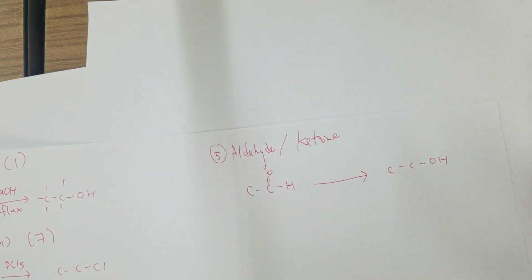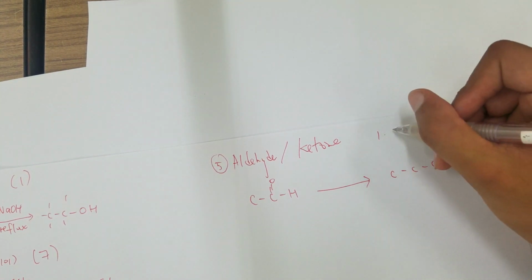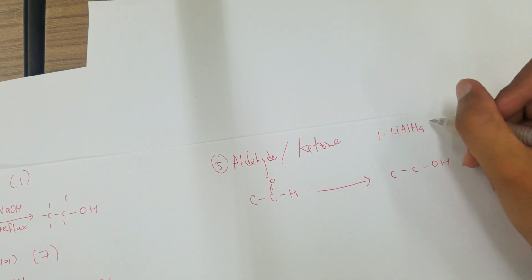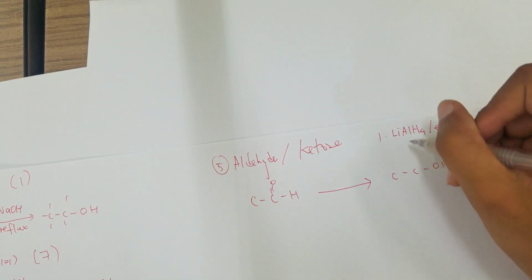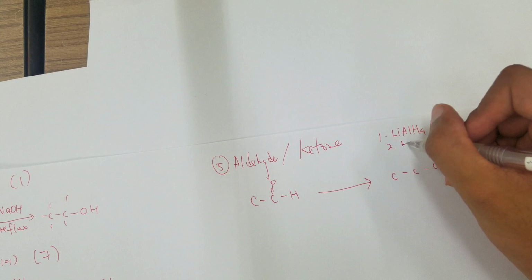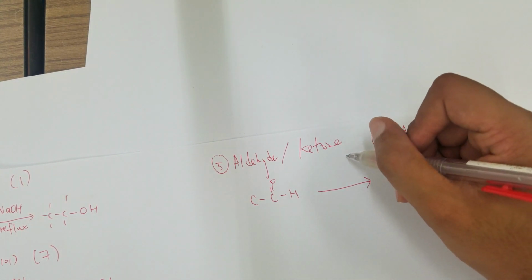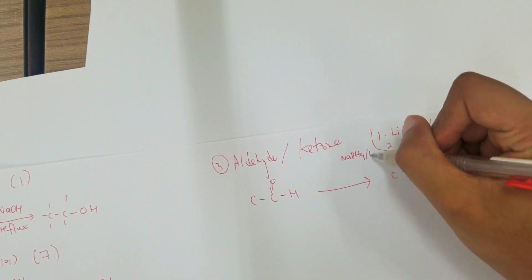In the reduction part, again, you will see 2. The first one will be LiAlH4, ethoxyethane, and then you add H3O positive. Or the simple one will be NaBH4 and H2O.